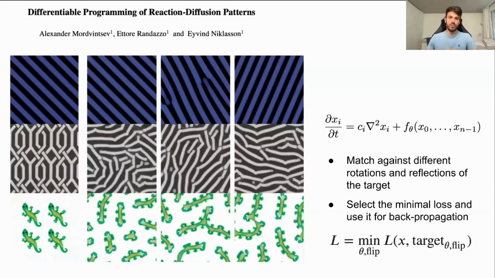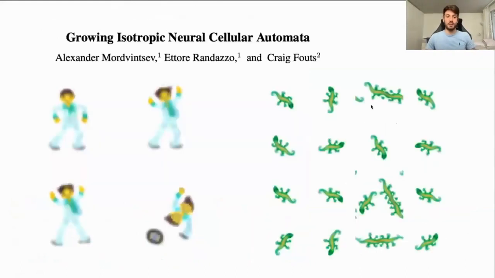The results were interesting, but of course they were still not as nuanced as we managed to do later on. But it was still an isotropic approach, essentially because the reaction diffusion does not use Sobel filters.